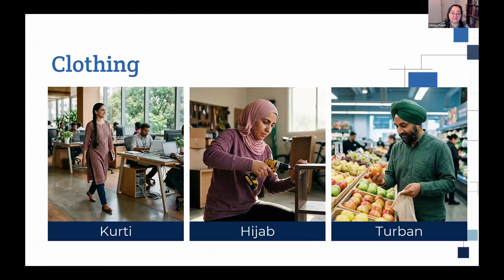So, clothing. This is something where we can get better representation. You do have to prompt for it. And even here, there is some editing that had to happen. The woman with the hijab here, initially her shirt sleeves were like a three-quarter sleeve rather than a long sleeve.